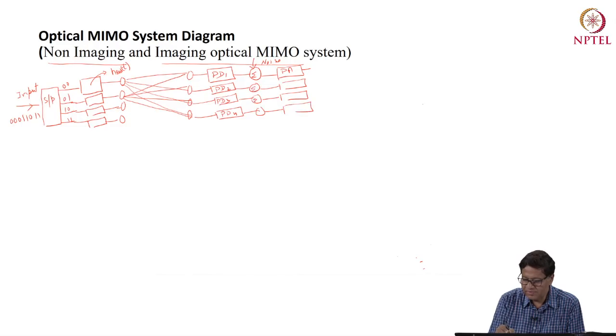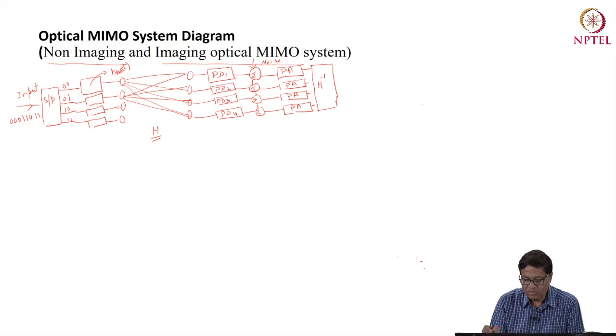Noise is getting added everywhere, and this is PA for each branch. Then once you have this, you can have H inverse, whatever the matrix H you have.